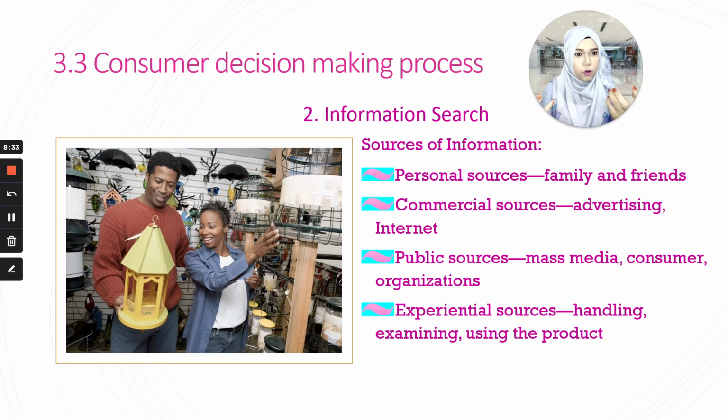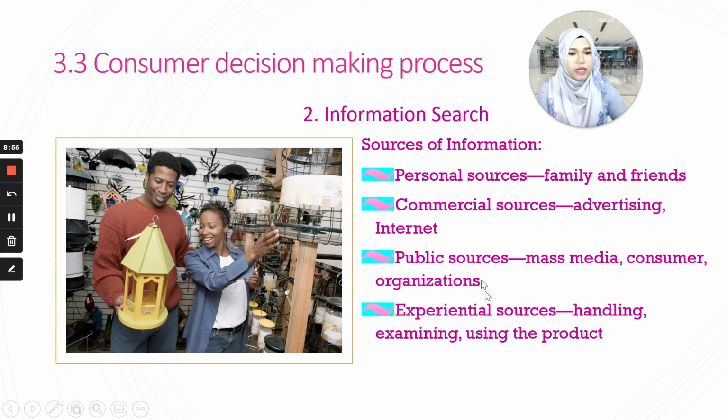You don't even know them, okay, but somehow or other you might trust them more than the commercial sources itself, because of course advertising, everything will look beautiful, everything will look nice, okay, but only the honest information could be from personal and also from the public sources.